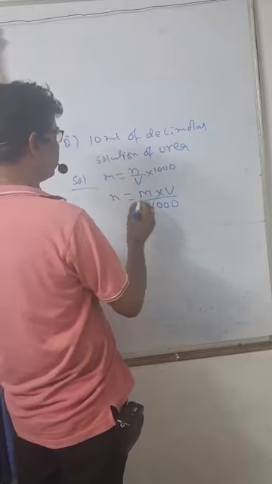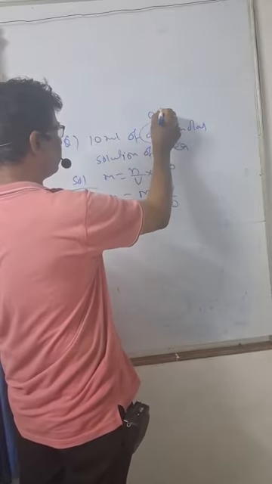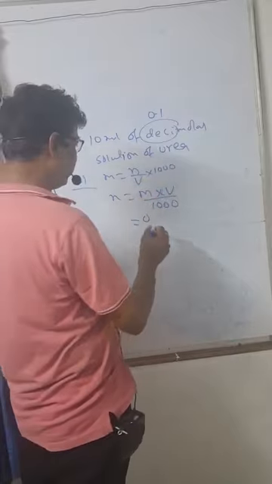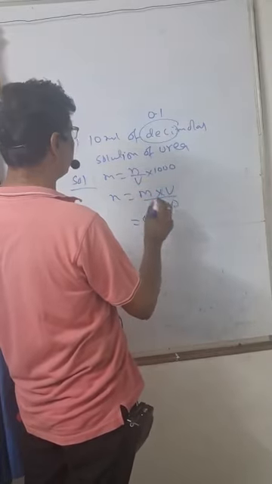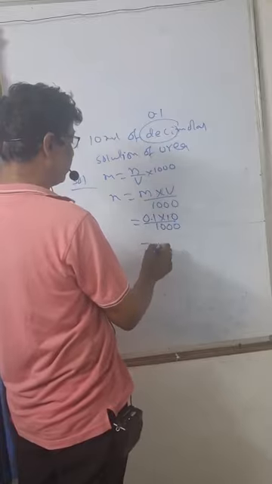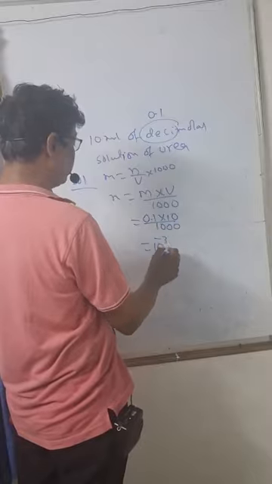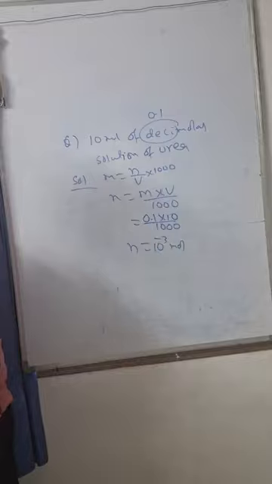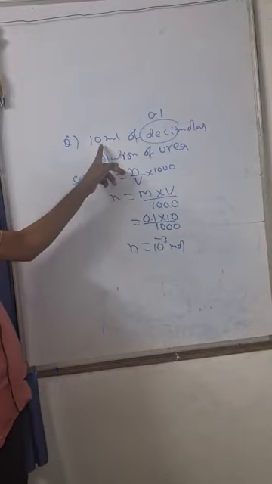So M is decimolar. What is deci? 0.1. Deci 0.1 into 10 ml by 1000. You get 10 to the power of minus 3 moles. Okay. They are asking how many moles.